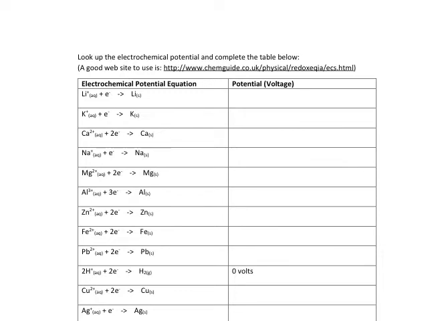And lithium is at one end of our scale. If you go and look it up using the website reference that we've included here, you'll find lithium is negative 3.03 volts, which tells you that the negative means lithium really wants to get rid of its electrons.